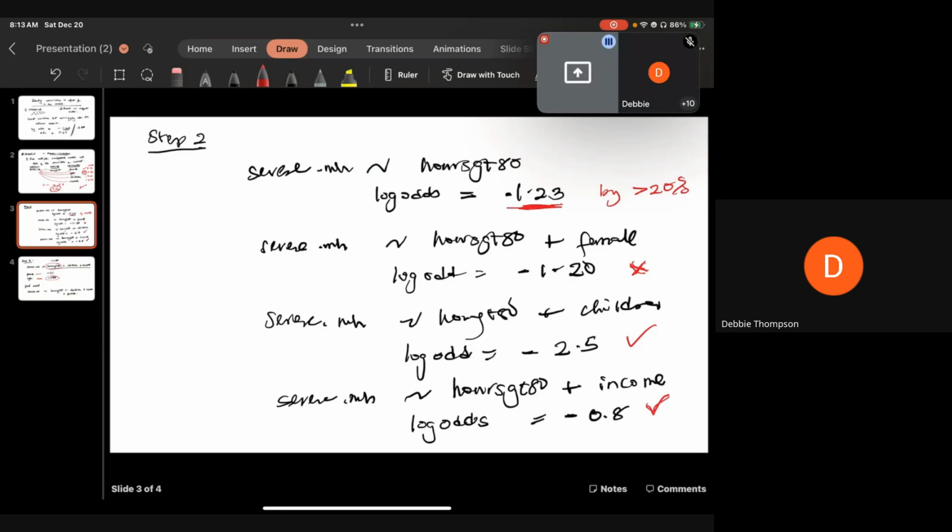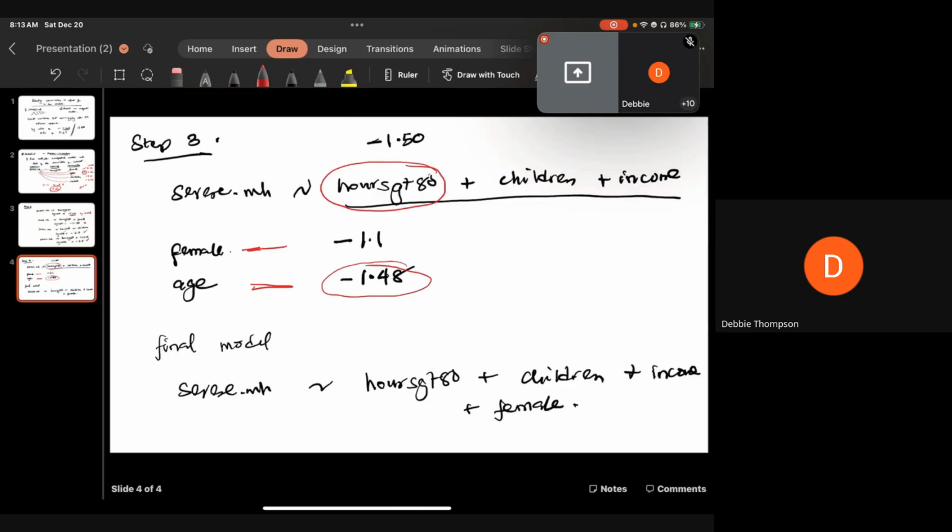So there are multiple different ways that you could do this. But the key thing is that you should specify the sequence that you want to use. So in the statistical approach, you're using a combination of the p-values and the effect of the variable on the log odds. Now, any questions?